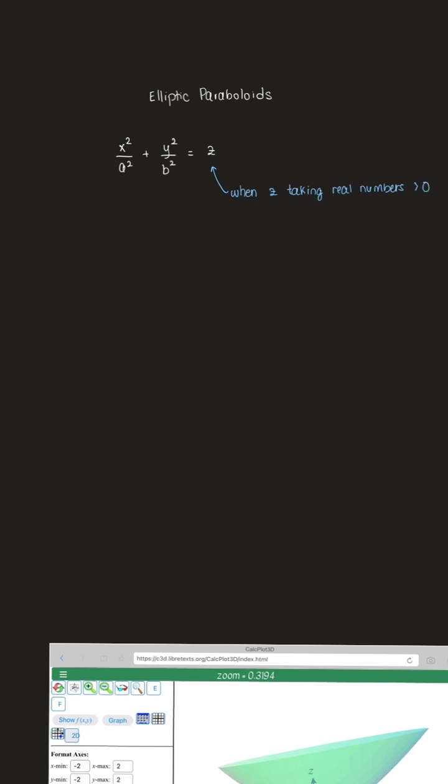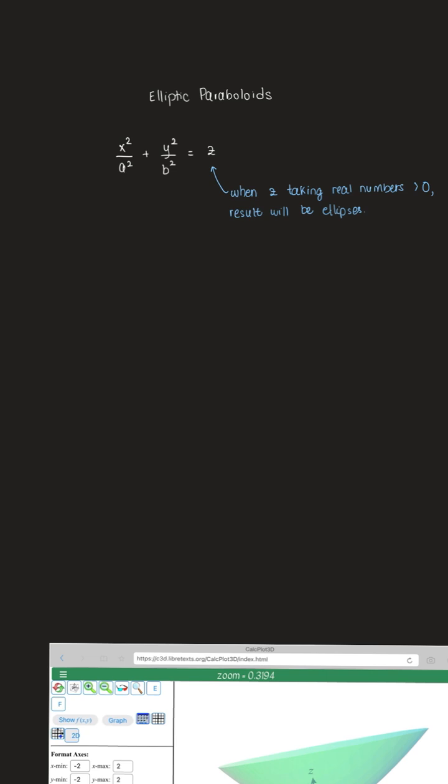We'll talk about what happens when it is equal to 0. Then the result will be ellipses or circles, right? Circles are special types of ellipses. We're going to take a look at why this happens.